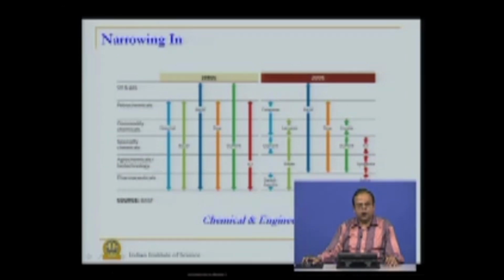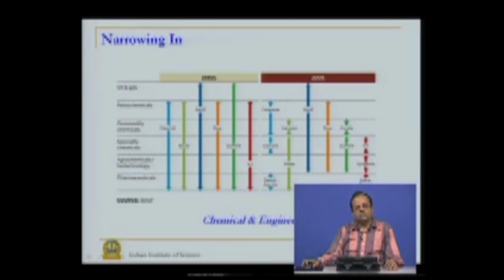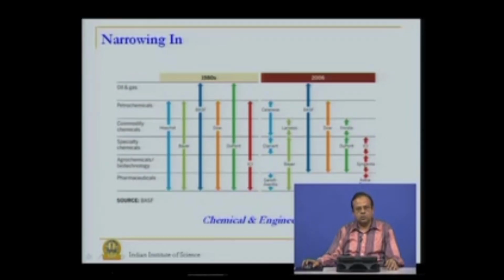Over a period of time, they realized that such diversification in today's world is not giving the returns that anybody would expect, and therefore, the focus is now on the core competency of the company and getting rid of the other businesses which may not be in the main core area of the company.